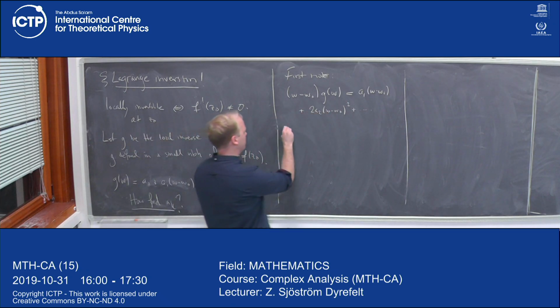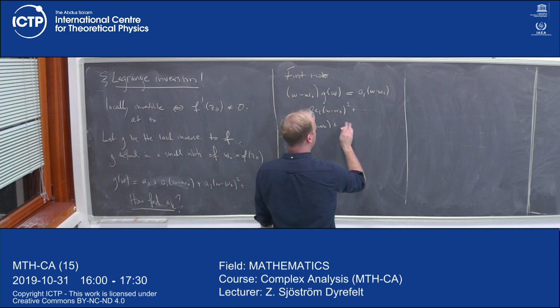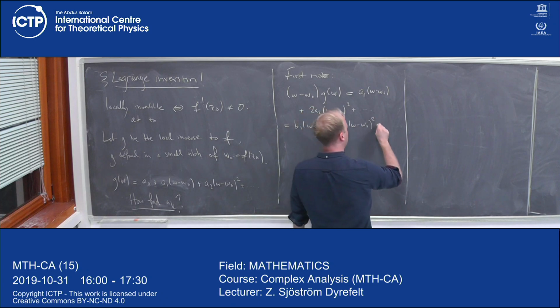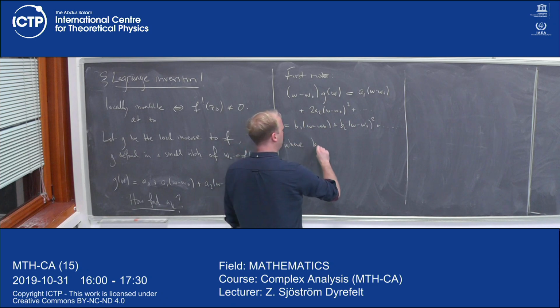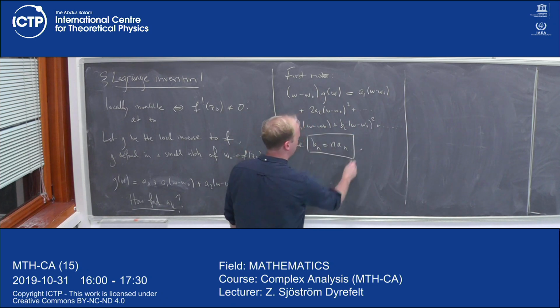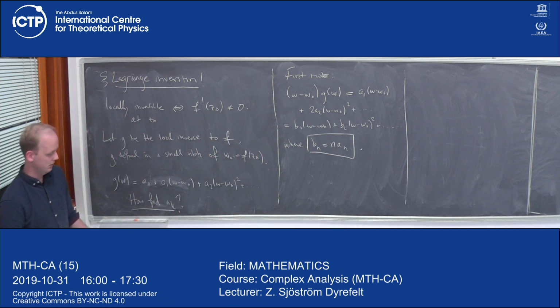So we get that this is equal to b1. Let me just rewrite it like this, where b_n is n times the thing we are interested in. Yes? No?